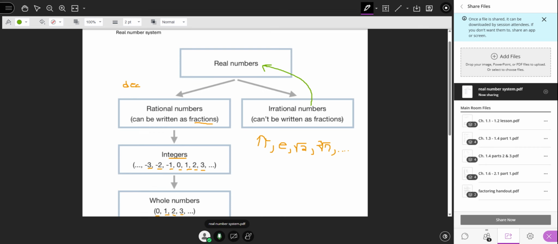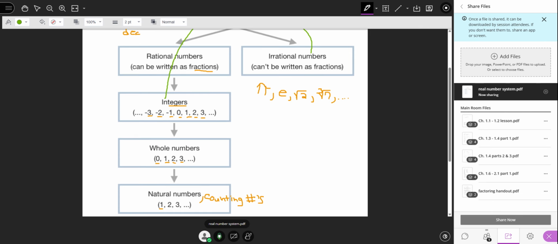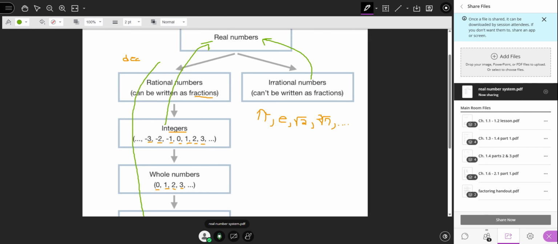So if it's an integer, it's also a rational number and a real number. If it's a natural number, then it's a whole number, integer, rational number, and a real number.